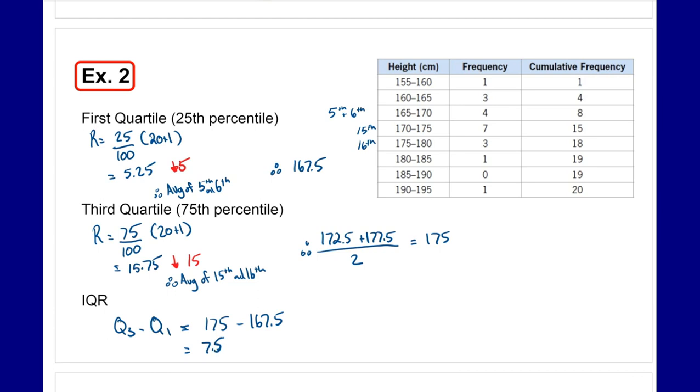You can use context to determine whether that's a high range or a low range. In terms of height, I'd say that's a fairly decent amount. We're looking at about 3 inches of height difference.